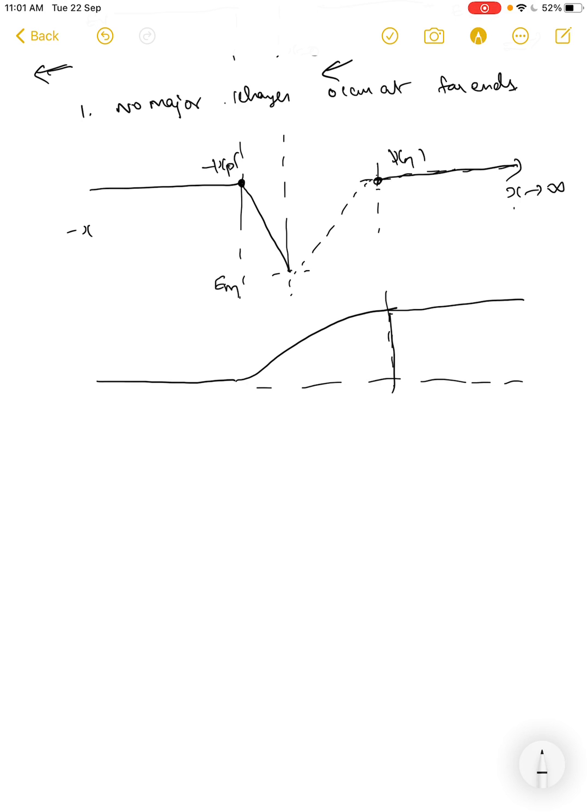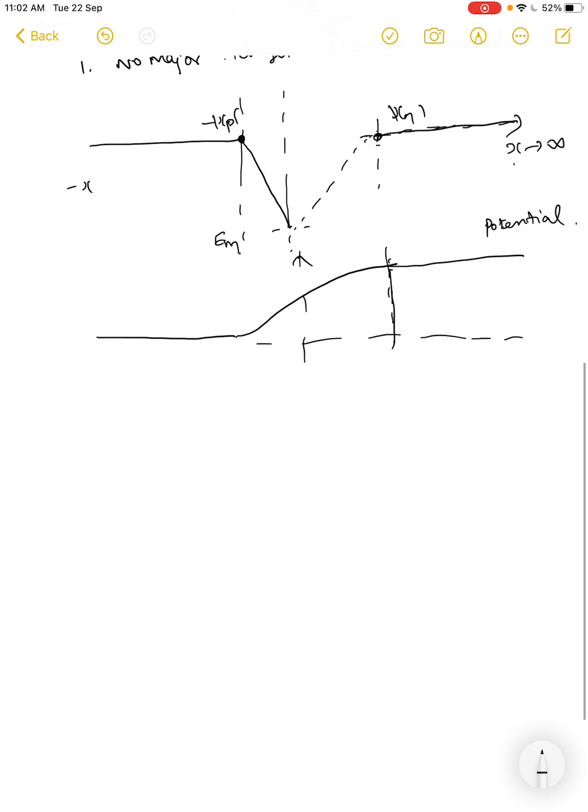So this is the sort of potential profile that we expect. Because it is an integral of this linear field, you will see some sort of a parabolic rise, and then it goes to some point where it just drops, correct?